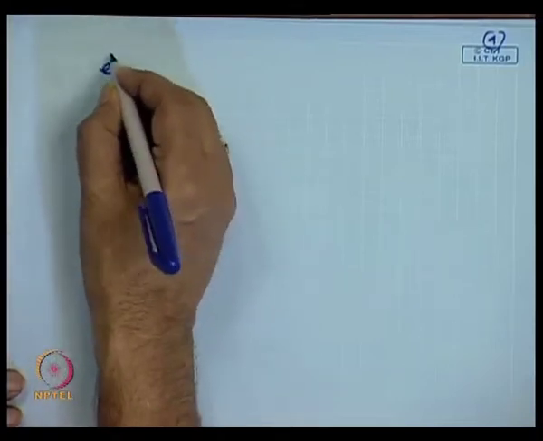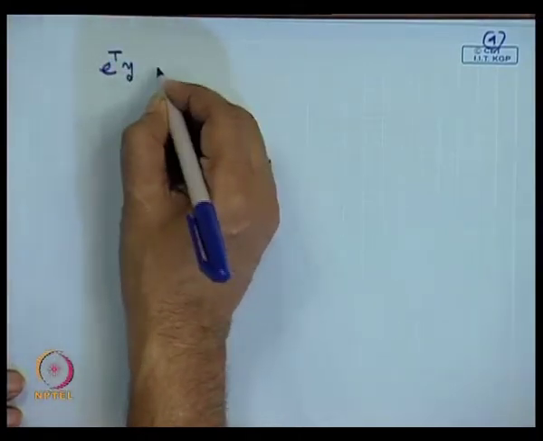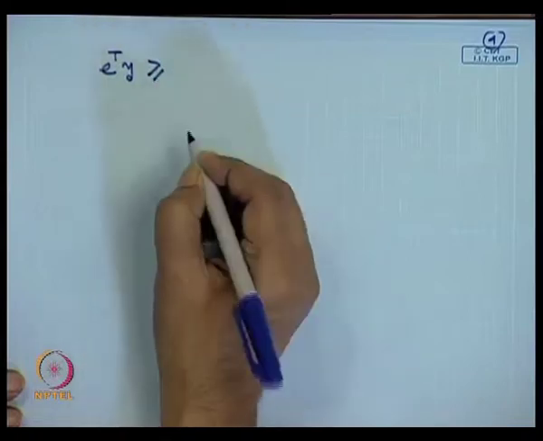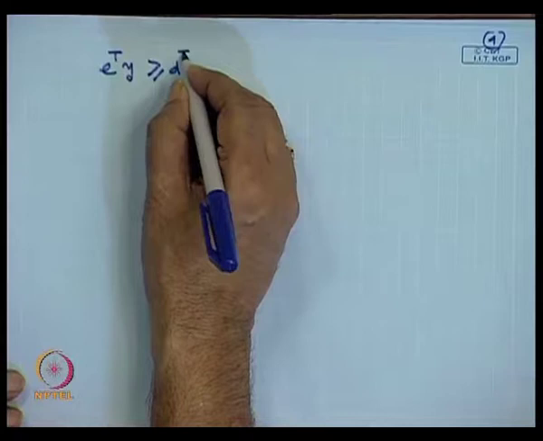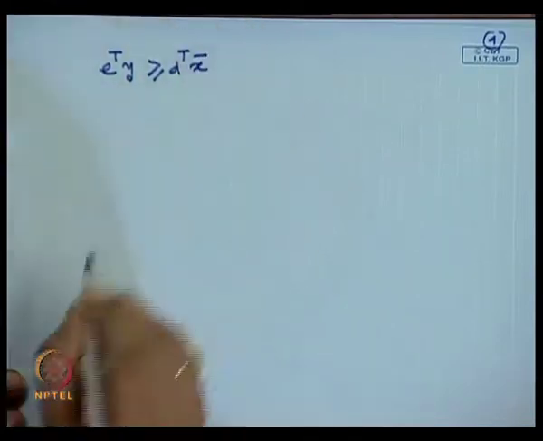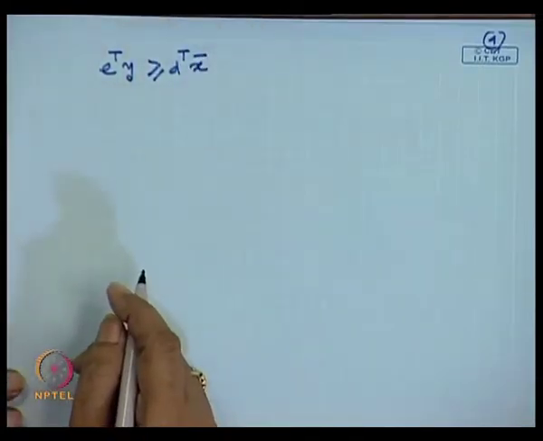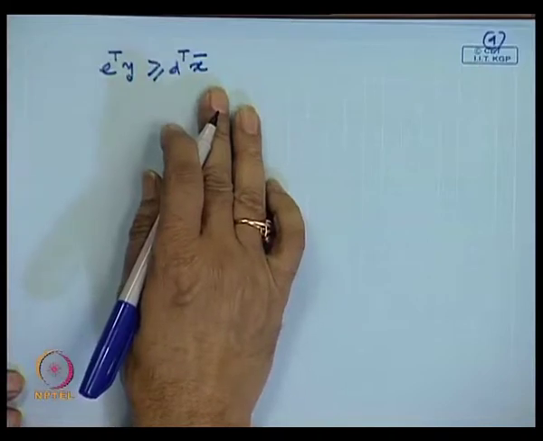Then one can write immediately E transpose y, the objective function of this one, is greater than or equal to D transpose x bar. Agree? We can write this.